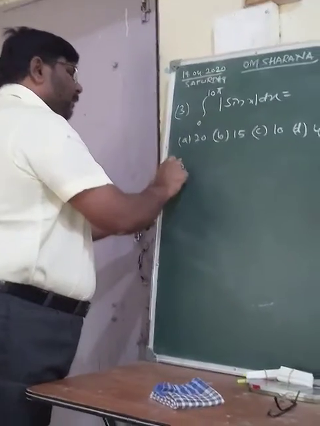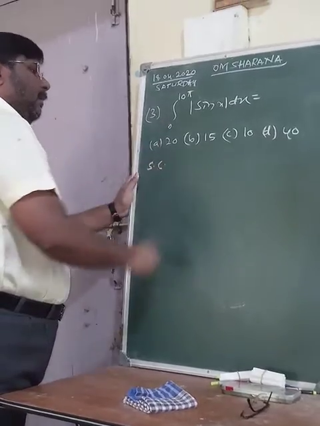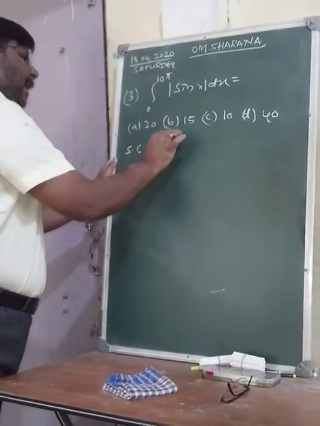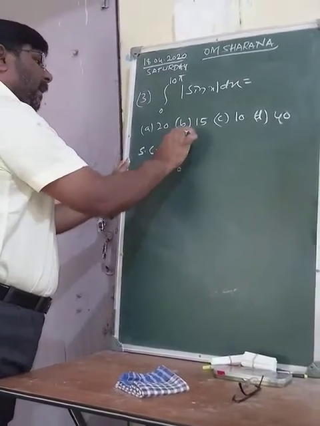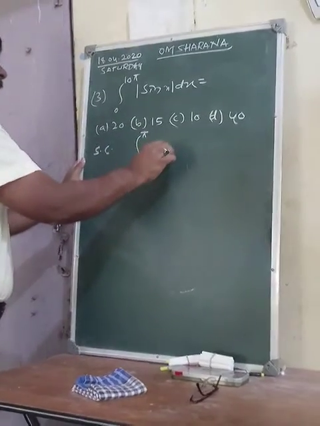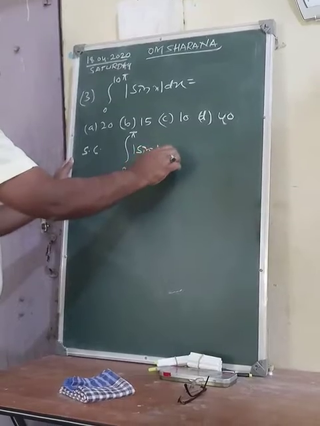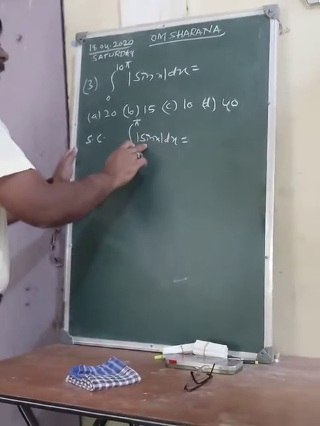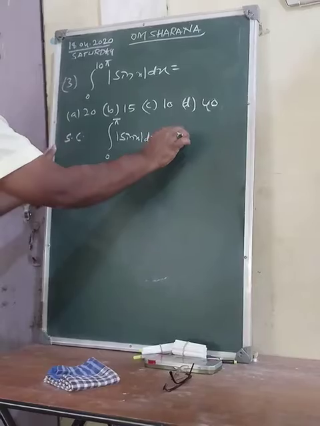So the shortcut: here we have to find first the integral 0 to pi modulus of sin x dx. You know the integration of sin is minus cos.